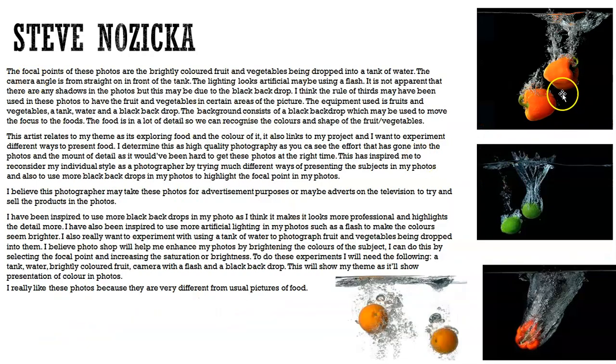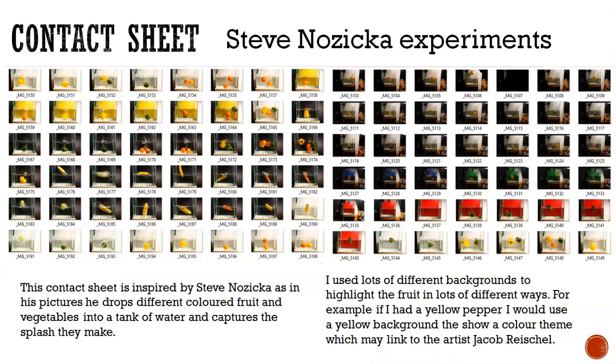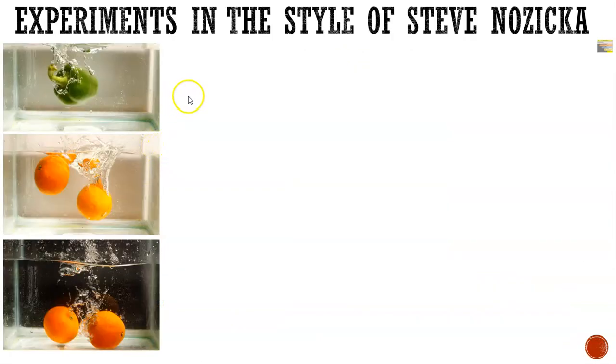So we can see here the artist drops fruit and vegetables into water, so in her contact sheet she has done that. And then you can see what she did was select some of her best photos to be written about as her experiments. Not all your experiments need to come from a contact sheet. Sometimes they might be standalone experiments that you kind of did on your own. Other times they will come from a contact sheet.